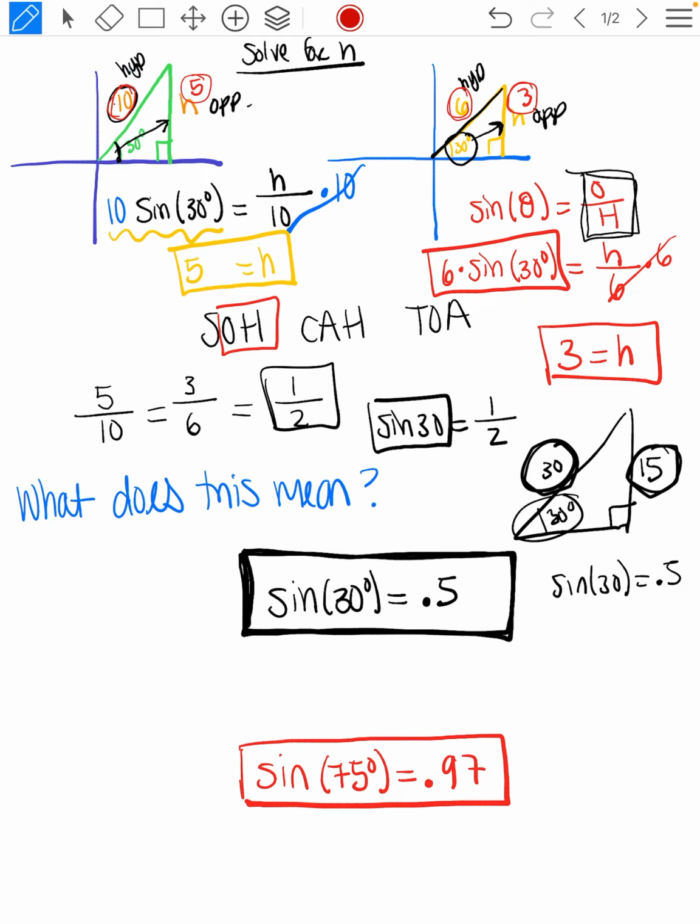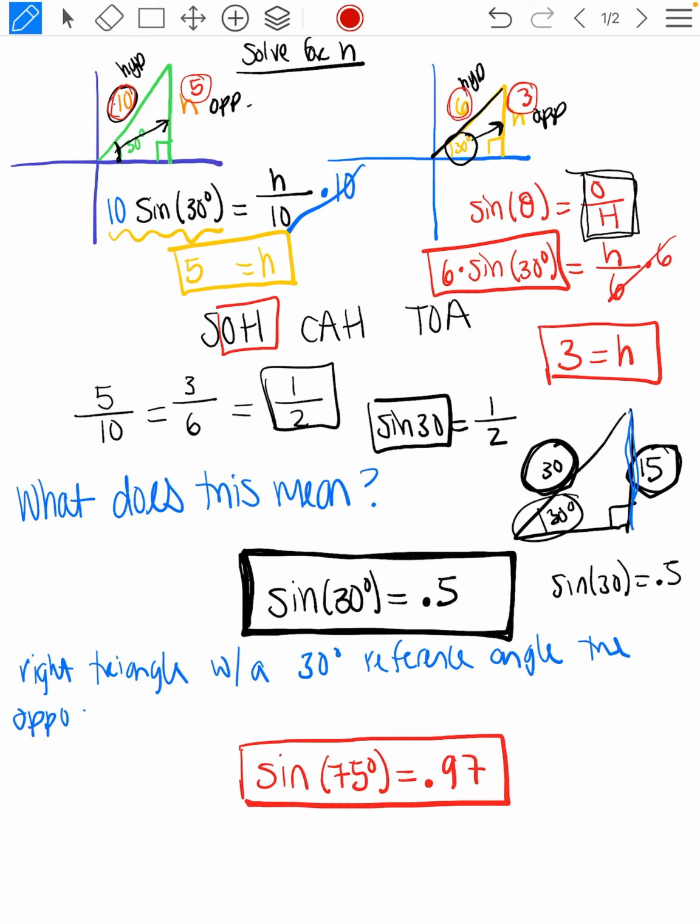This means exactly what I just said, that the height, or the opposite side, but again, it's the height of this triangle, but sine of 30 degrees equals 0.5 means that in a right triangle with a 30-degree reference angle, the opposite side will always be half of the hypotenuse.